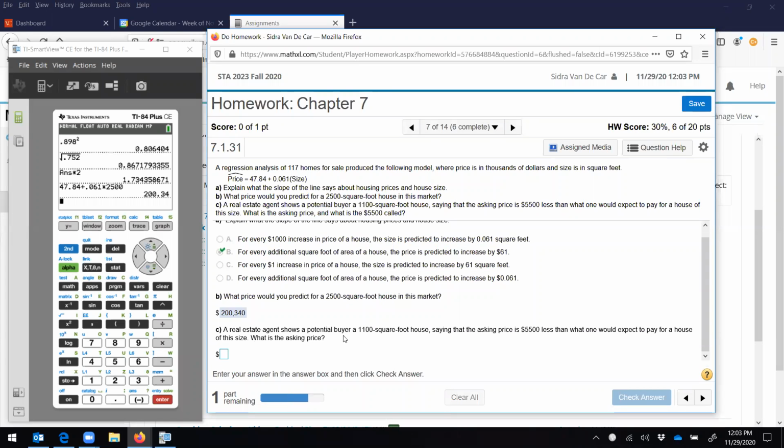A real estate agent shows a potential buyer an 1,100 square foot house, saying the asking price is $5,500 less than what one would expect. So we want to know the housing price. Let's plug in 1,100. I'm going to shortcut this by just putting the same equation up and changing the 2,500 to 1,100. So times 1,000, right? And then we want to minus the 5,500.